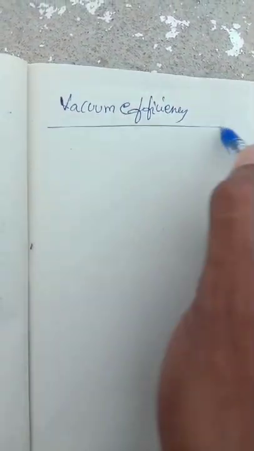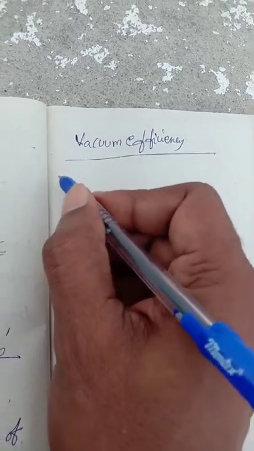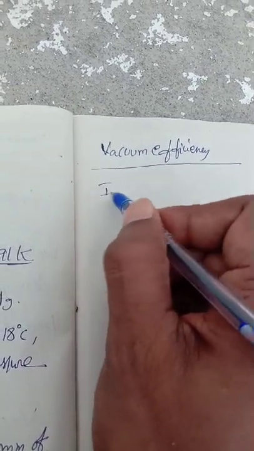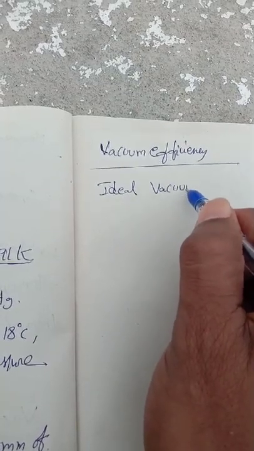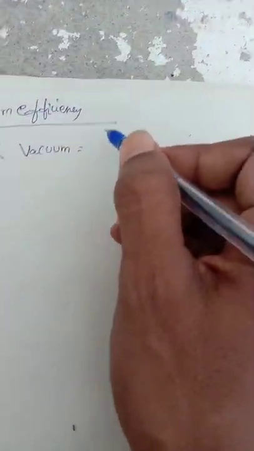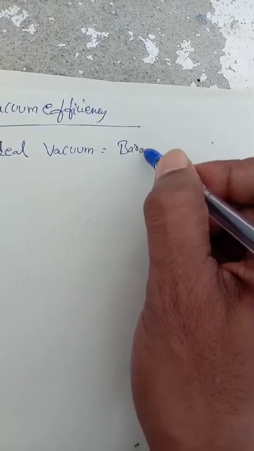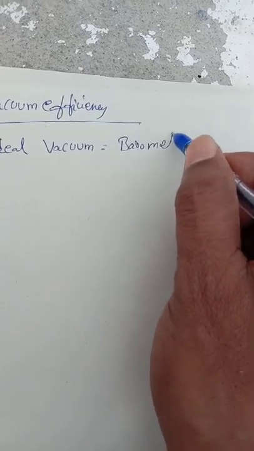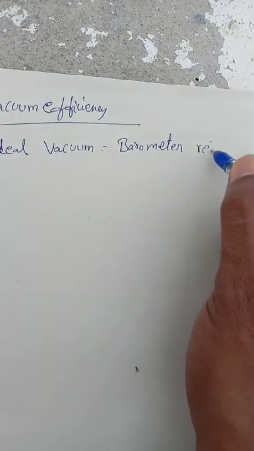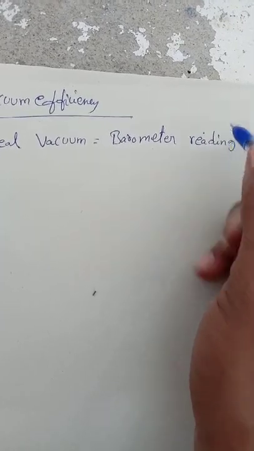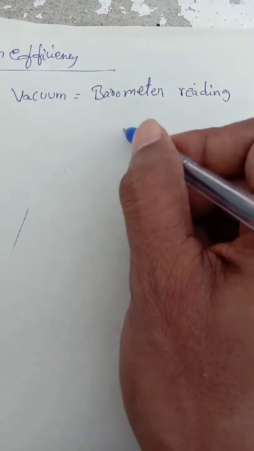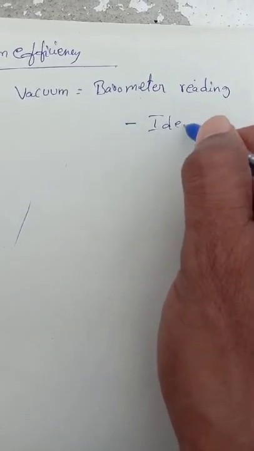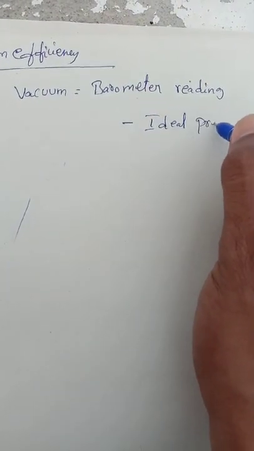Now we are going to see the vacuum efficiency. We know that the ideal vacuum is equal to the barometer reading minus the ideal pressure.